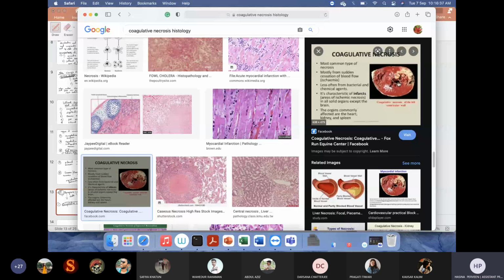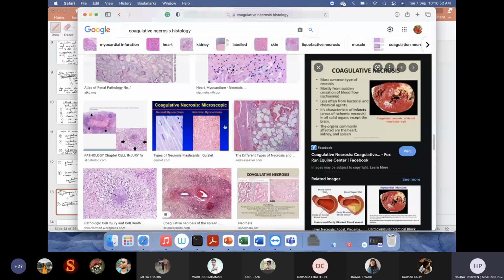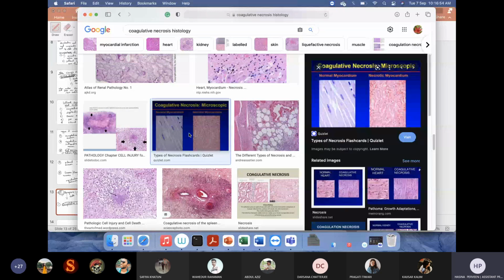That means nuclear cells rupture. Okay, that means this is the coagulative necrosis in heart. Okay, and when these cells are in histological condition, this is the normal cells and this is the necrotic myocardium.